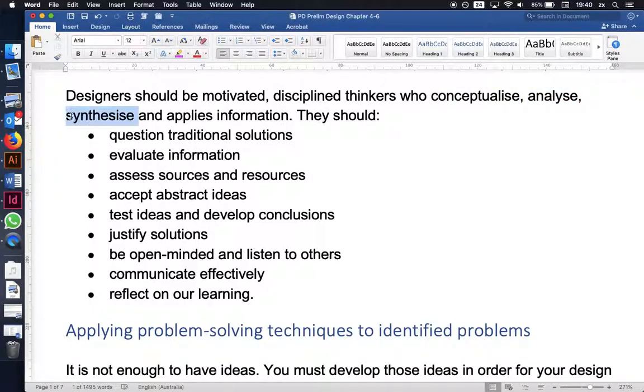Synthesize means to build upon that idea and bring together connections. And apply information means take that stuff that we've learned, take the things that we've found out, and actually go and do it. They should take on board the things that we've learned rather than just doing something, but doing instead the thing that is based on evidence, based on our research.